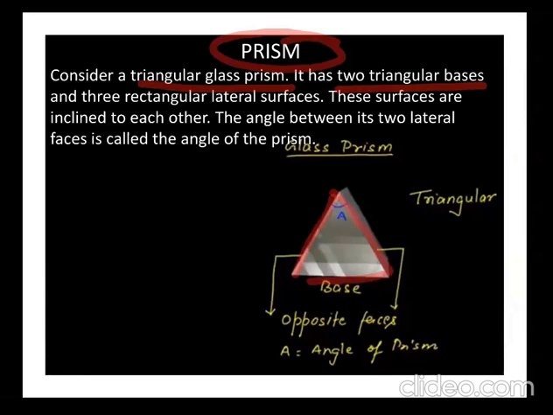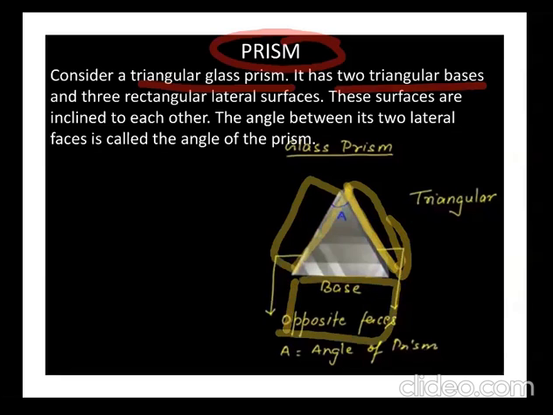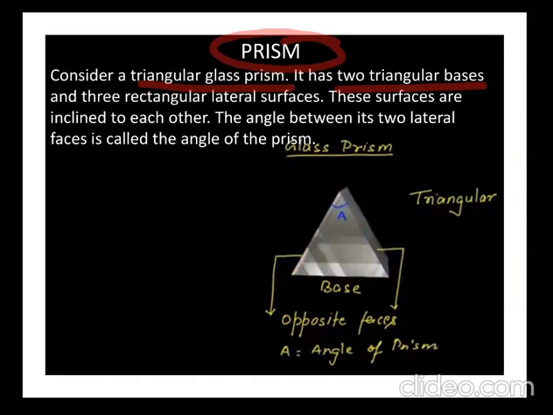And children, on this side you are going to have a rectangle. At the base you are going to have a rectangle. So your triangular prism consists of two triangular bases and three rectangular lateral surfaces.